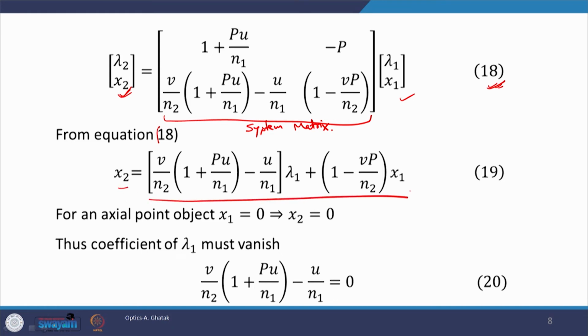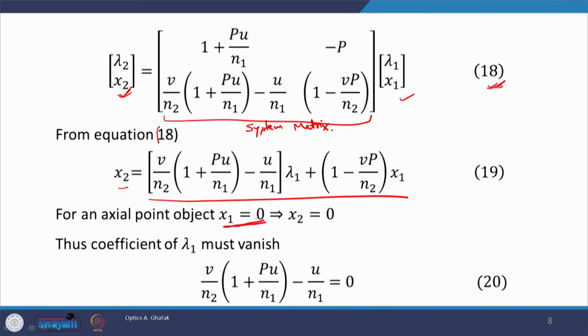Now, suppose our object is a point object which is situated on the axis of the system. If this is the case, then x1 would be 0, because x1 is the height of the object from the axis of the system, and if it is a point object situated on the axis, then this height would be 0. Therefore, x1 would be 0.